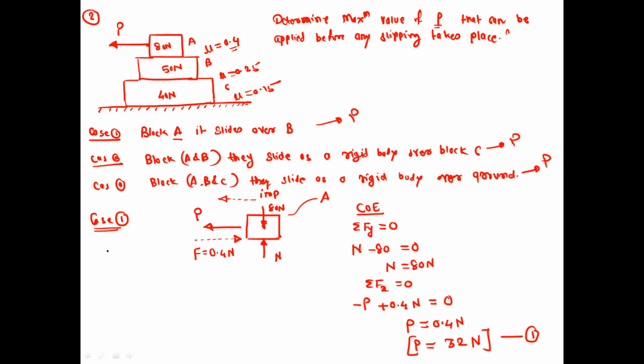Okay, now assume case number 2. In case number 2, A and B will slide over the block C. So this is a single unit, A and B. So we have to draw a single FBD for A and B as a rigid object.